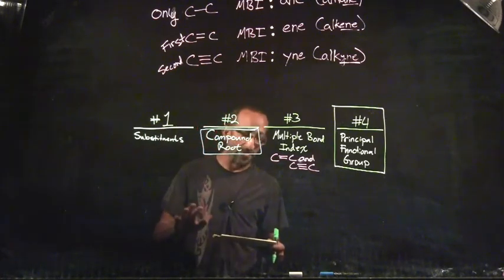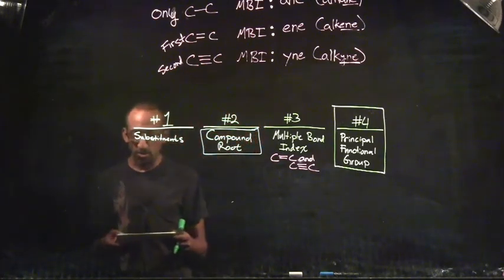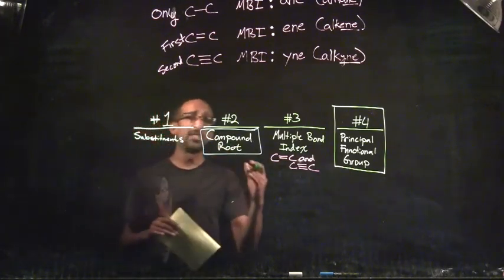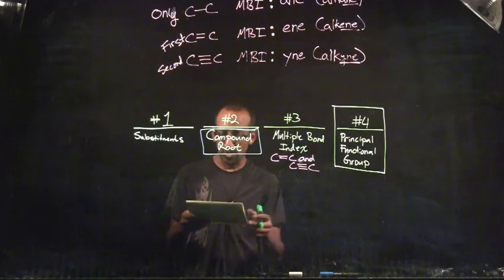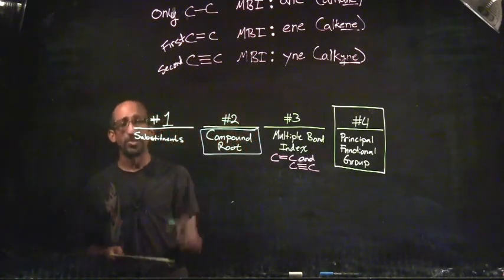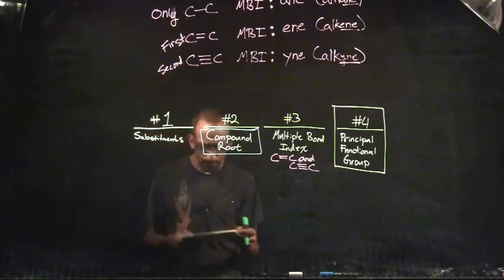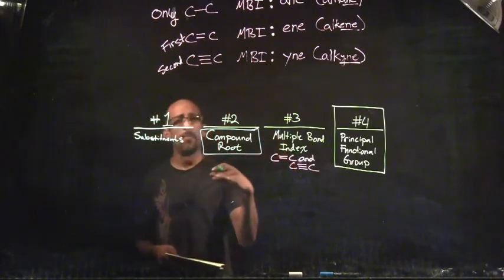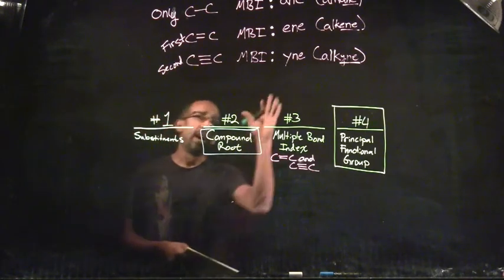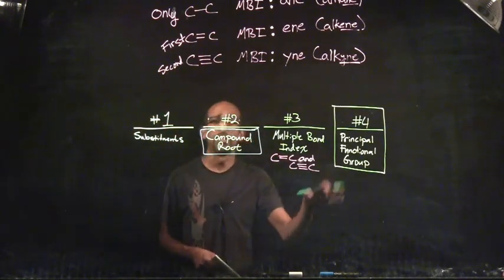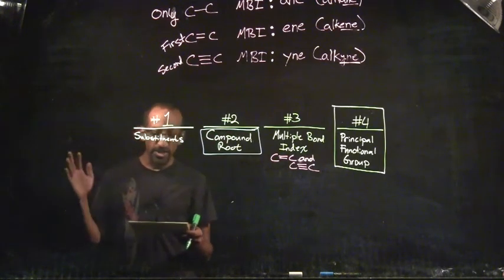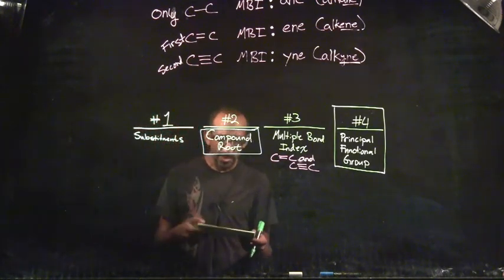And in the development of IUPAC naming, the different functional groups were assigned priorities. How and why they were ranked in the way they were ranked was outside the scope of this class. But what we need to do is focus on the priority ranking, right? And so Table 1.1, which is on the inside front cover of your Sorrel textbook, I also photocopied that and provided that sheet to you earlier this semester, covers the functional group ranking.